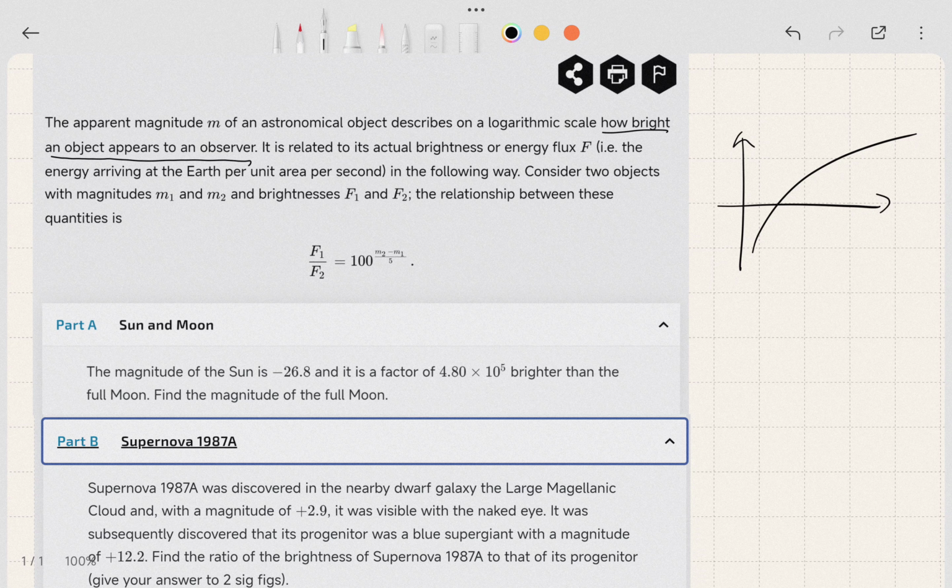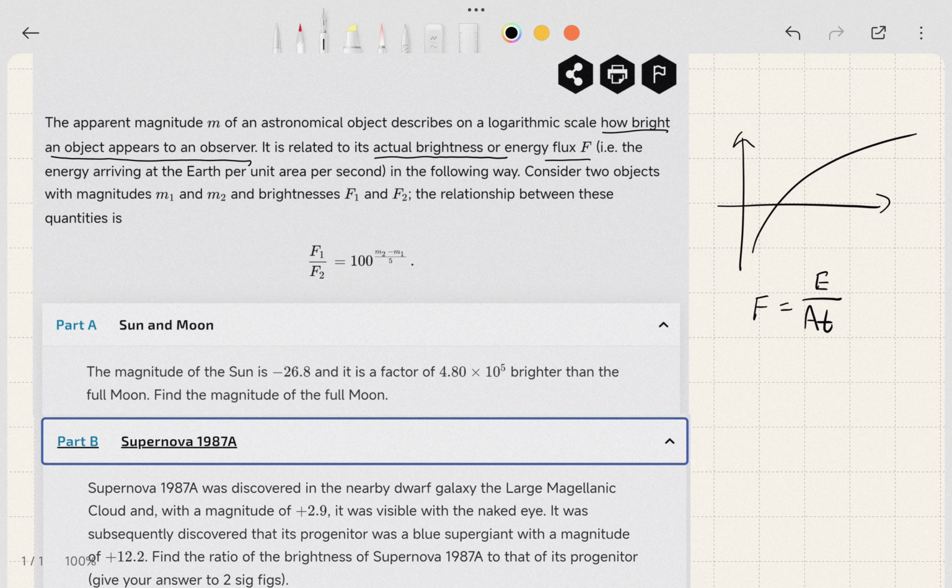But the actual brightness is related to the actual brightness or energy flux. And energy flux is the energy per unit area per second that's arrived at the Earth. So we're given this formula.